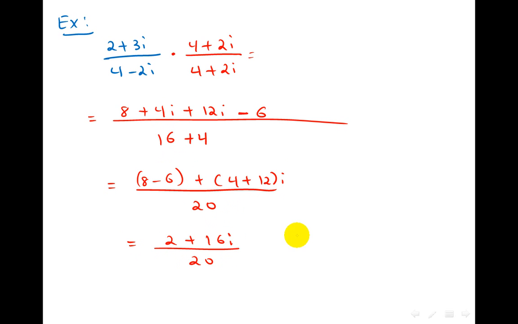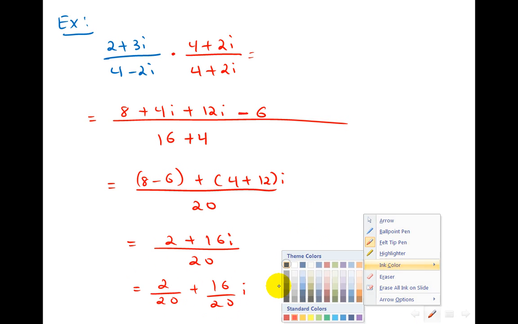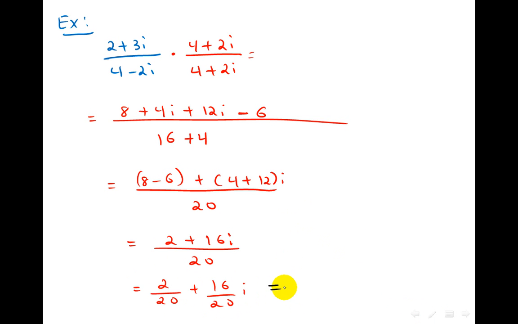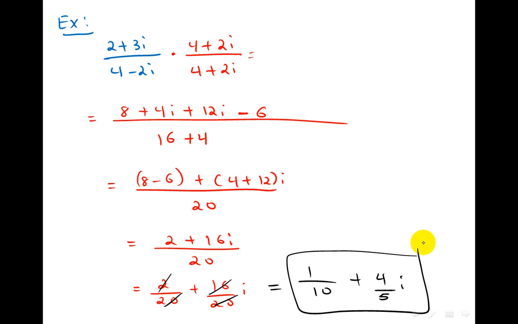But I want you here to separate them to make it easier. It will be 2 over 20 plus 16 over 20 i, so that I can easily say which part is the real part and which is the imaginary part. If you simplify here, you'll have 1 over 10 plus, again here simplify by 4, you'll have 4 over 5 i. So the real part is 1 over 10 and the imaginary part is 4 over 5 i.